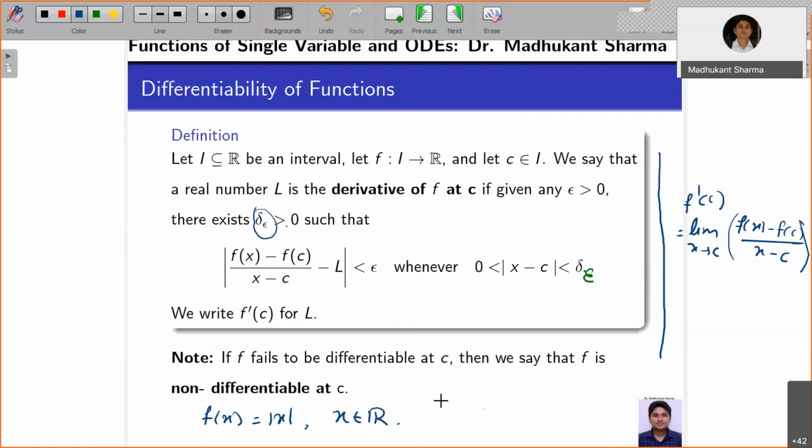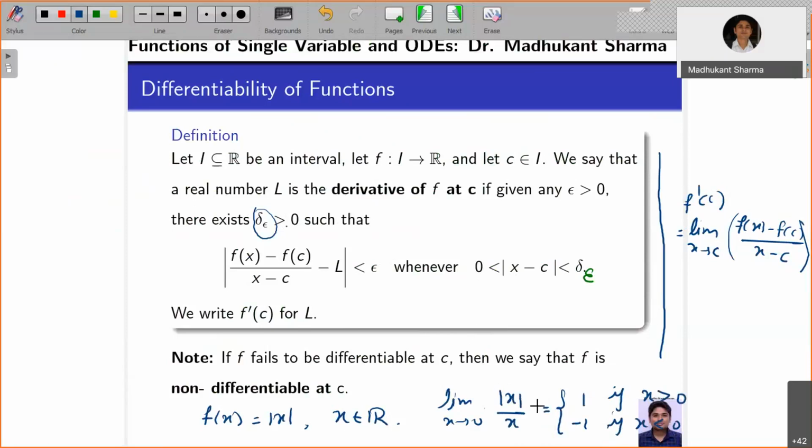What is that? The limit as x tends to 0 of f of x minus f of 0, that is mod x divided by x, is going to be 1 if x is greater than 0 and minus 1 if x is less than 0.